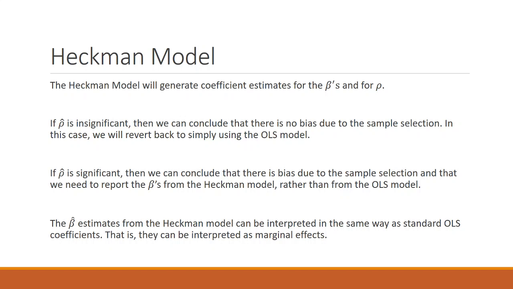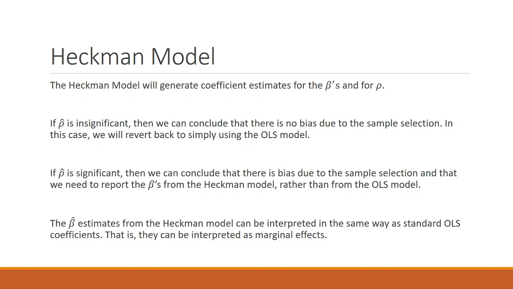If rho hat is significant, then we can conclude that there is bias due to the incidental truncation, and that we need to report the betas from the Heckman model rather than the OLS model. So basically the Heckman model is a way for us to both solve the incidental truncation problem and to diagnose whether or not we have an incidental truncation problem.